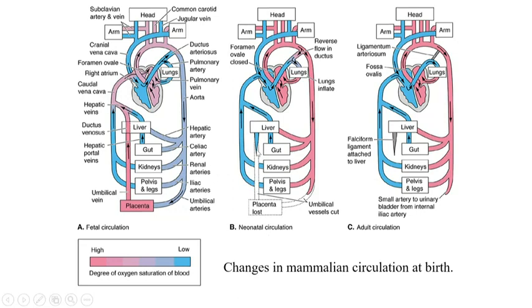We lose the placental veins and vessels. And then in the adult circulation, we still have a remnant in the form of a ligament that used to be the ductus arteriosus. And we have this ligament that used to be the ductus venosus, but are no longer functional. Okay? They're just ligaments. They're not sending blood. They're not part of the circulatory system anymore.